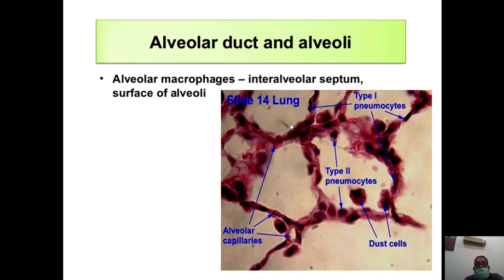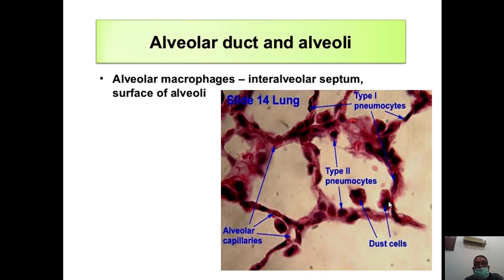Now this is the picture to show you the alveolar macrophages in the interalveolar septum. These are the dust cells, which are heavily pigmented cells. The nucleus is larger, the cytoplasm is basophilic, and these macrophages, also called dust cells, play a key role in scavenging or preventing the incoming dust particles and injurious material, which they engulf and then destroy.